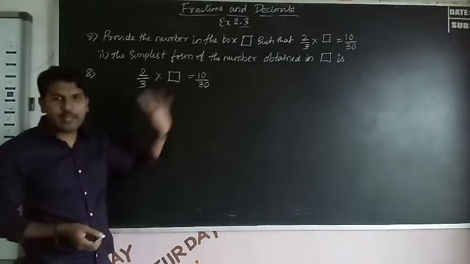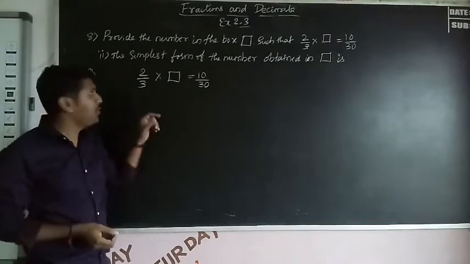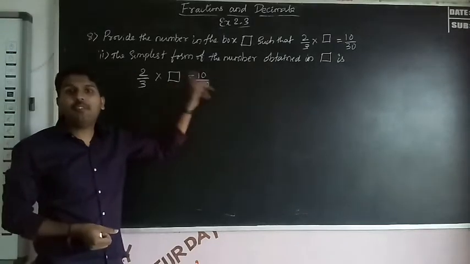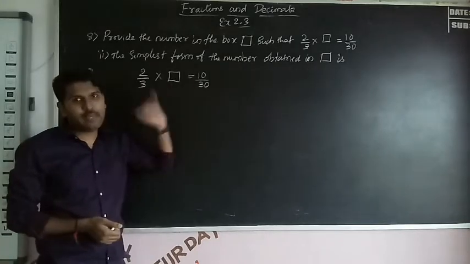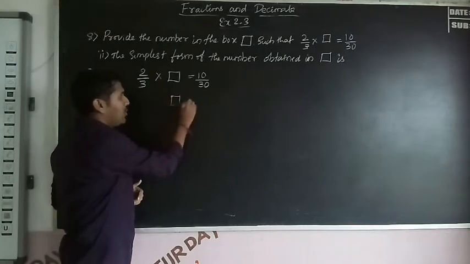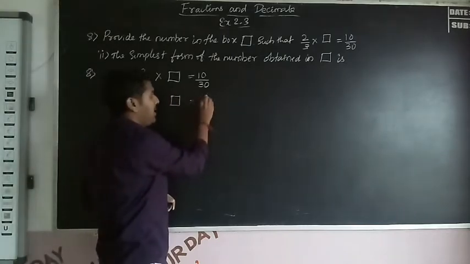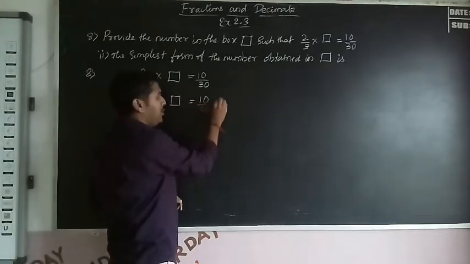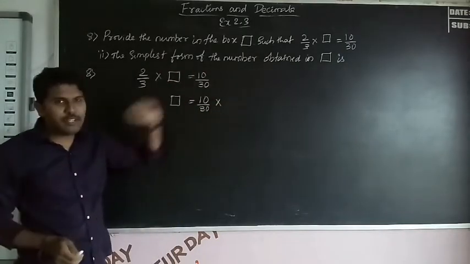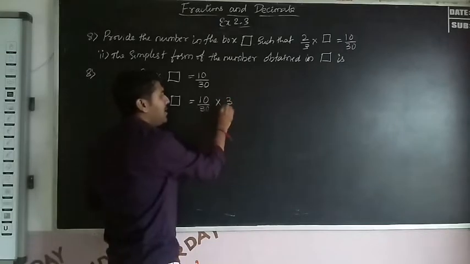Just shift this 2 by 3 to RHS. If you want to shift this 2 by 3 to RHS, you should write the reciprocal of 2 by 3. Reciprocal of 2 by 3 is 3 by 2. So that means box equals to 10 by 30 into the reciprocal of 2 by 3, that is 3 by 2.